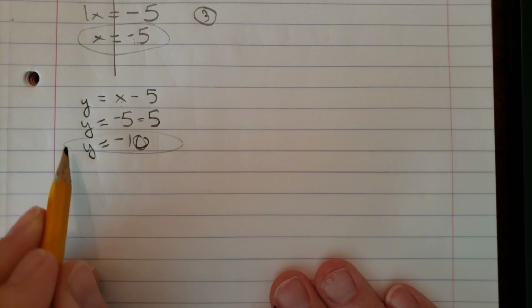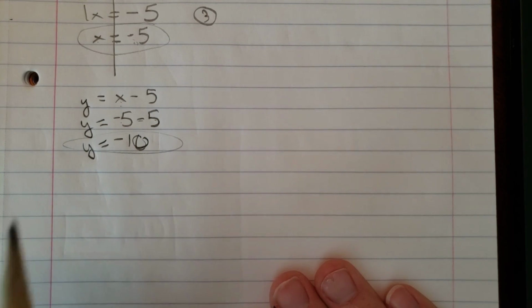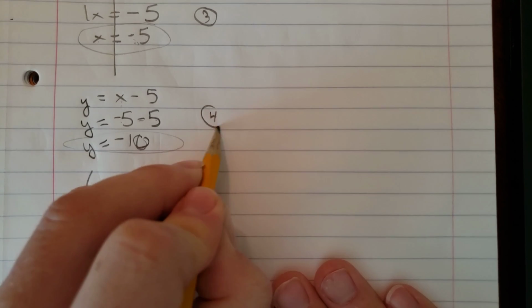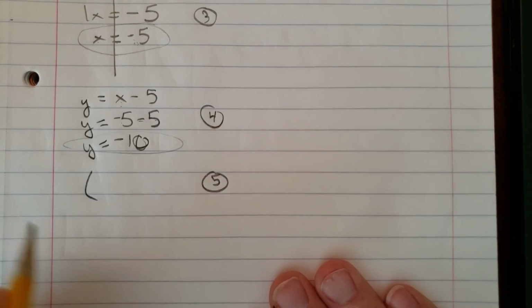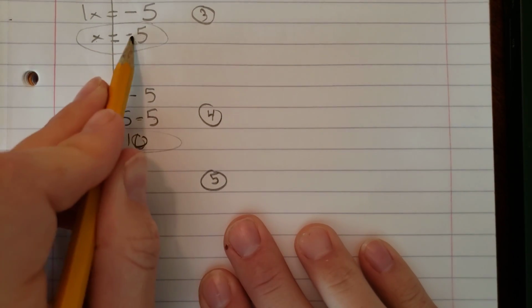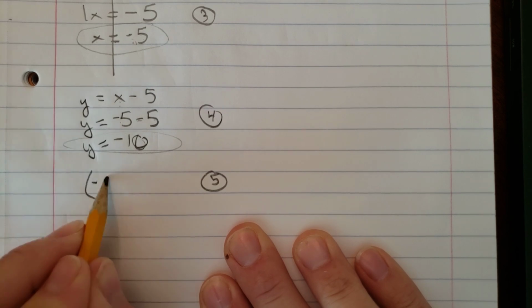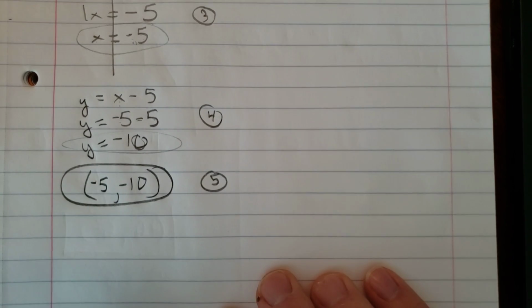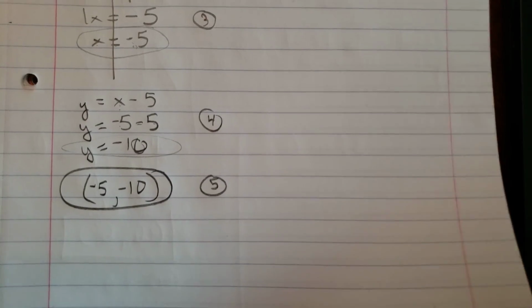Okay, and there's my other half of the solution, that was step 4, and then step 5 is to write it as a coordinate pair. So we got x is negative 5, y is negative 10, and that is my solution to this system.